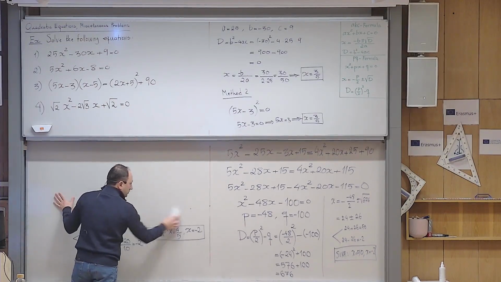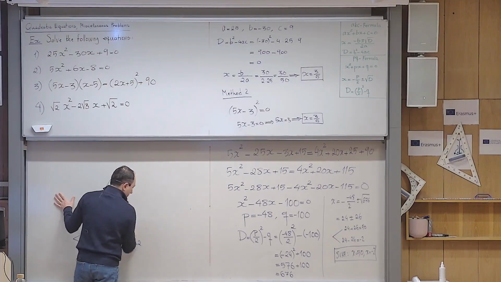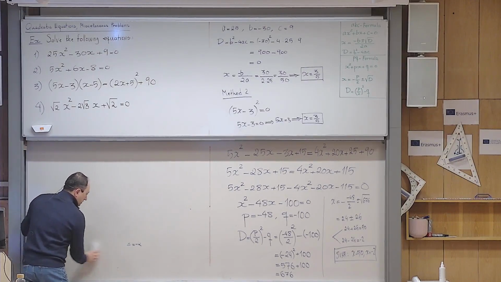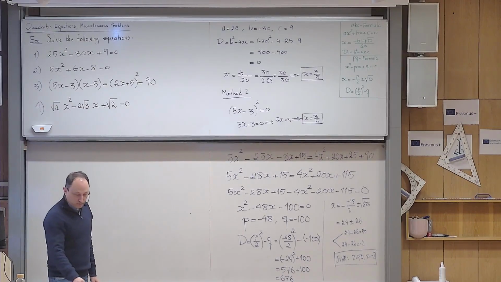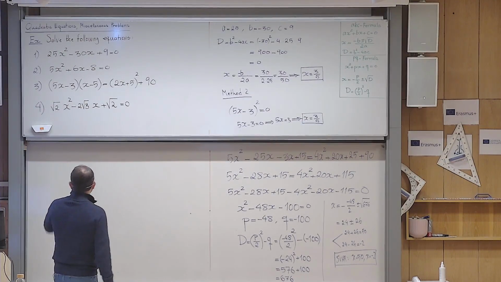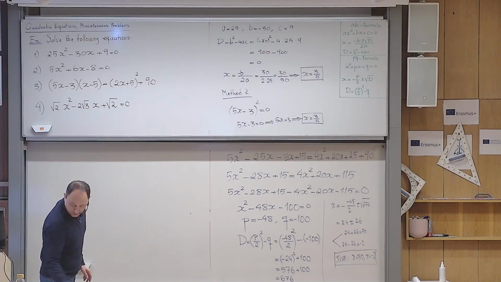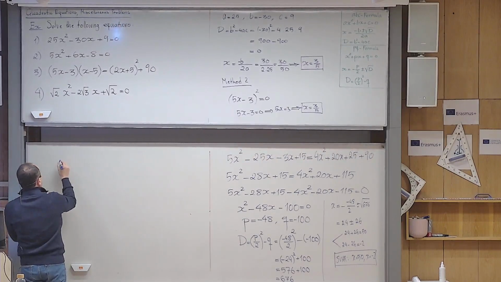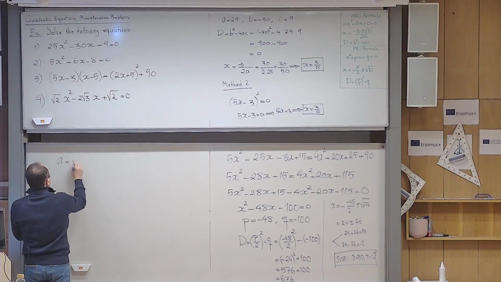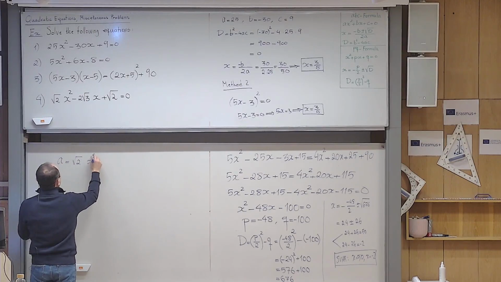Because for PQ, you have to adapt it. How? By dividing by the square root of 2. Yes, so here I think, let us solve it in this way. You need to write what is your A. What is the A? Square root of 2.